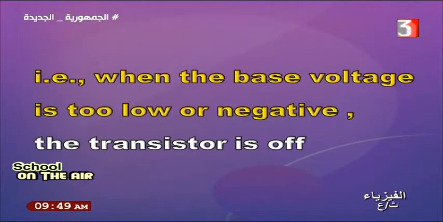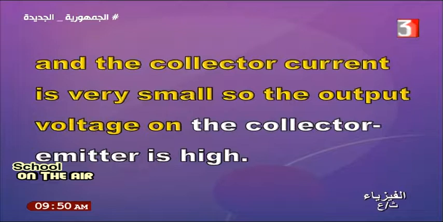That is to say, when the base voltage is too low or negative, the transistor is off. Great. The collector current is very small, and the output voltage on the collector is high.